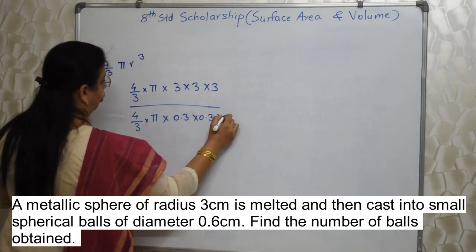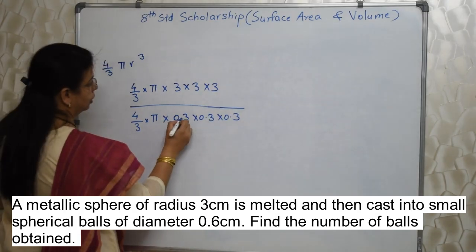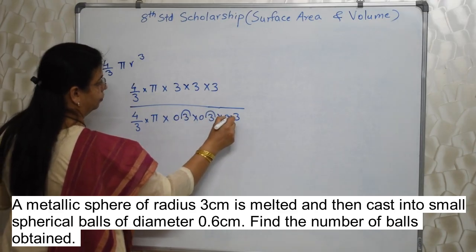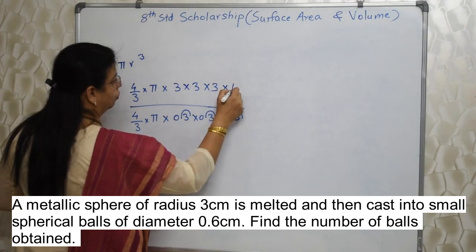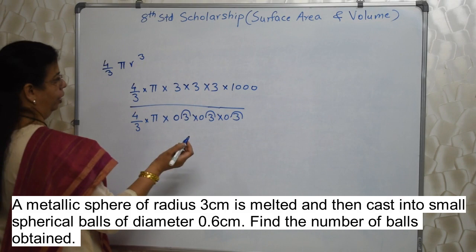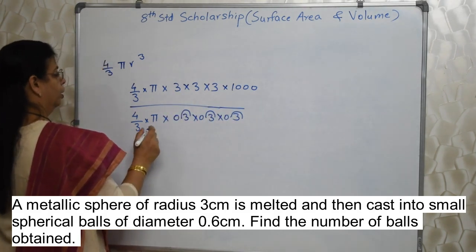Radius will be 0.3, written 3 times. Now here, if you don't want this decimal jump, 3 jumps, so here 1000 we need to write. We need to basically add 3 zeros. Okay, so let's do it.